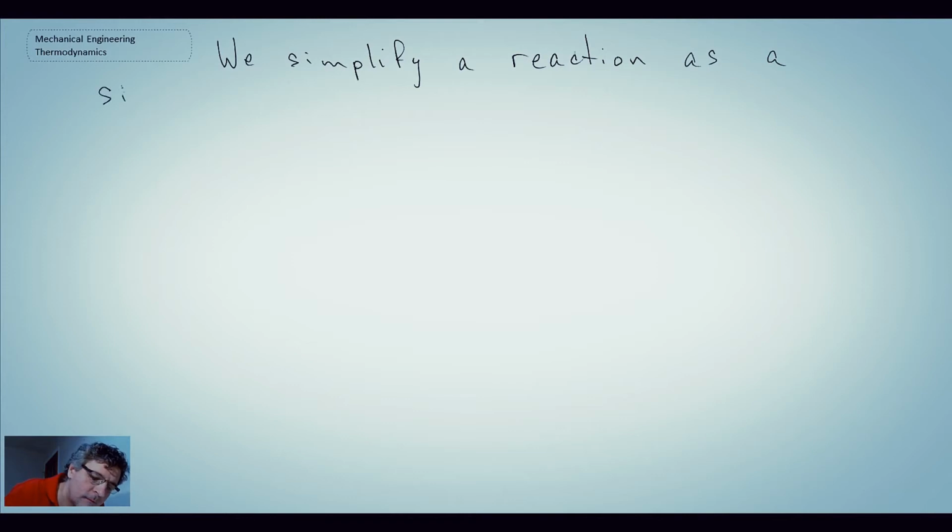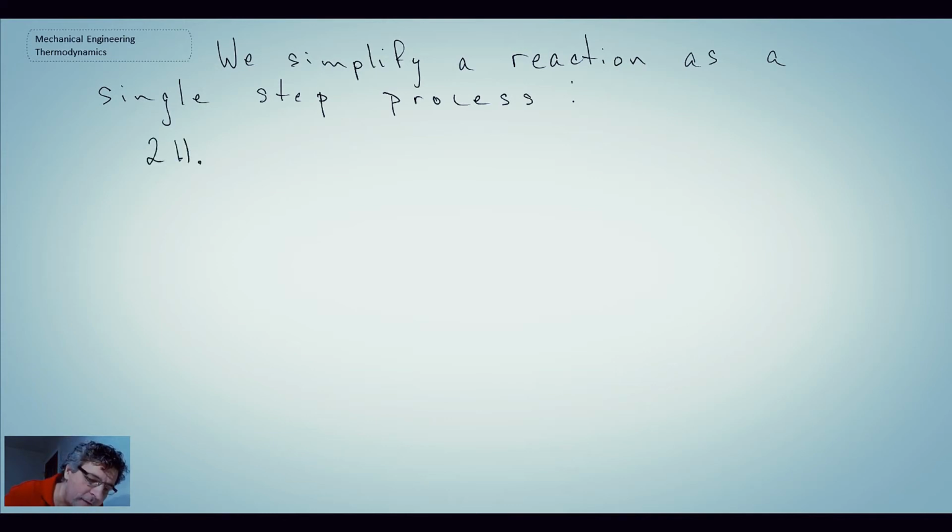So what we will be doing is simplifying the reactions. And by that, what I mean is that we usually will consider the reaction as being a single step process.